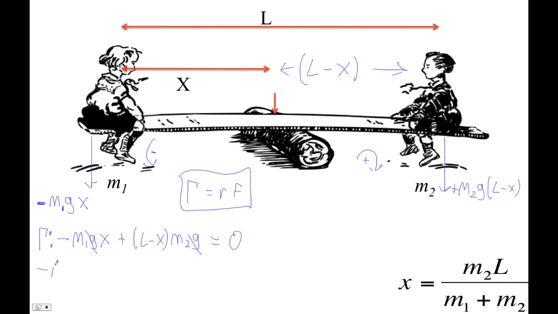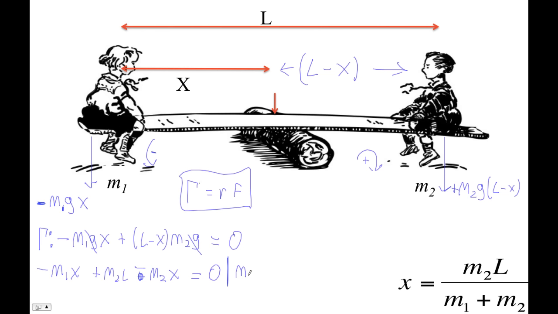We go minus m1x, and then let's distribute this: plus m2L, minus m2x. I'm just distributing m2 times L, m2 times x, and that's 0. Then I can stick all the things with x on the right side.